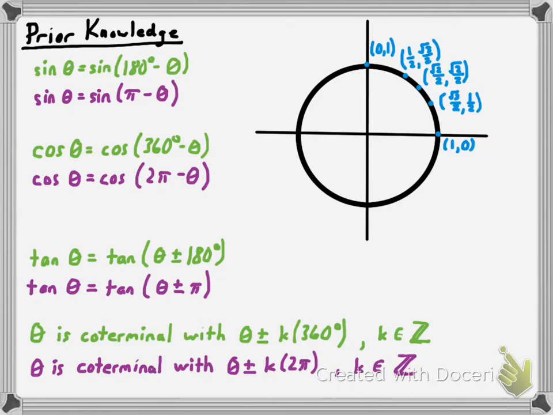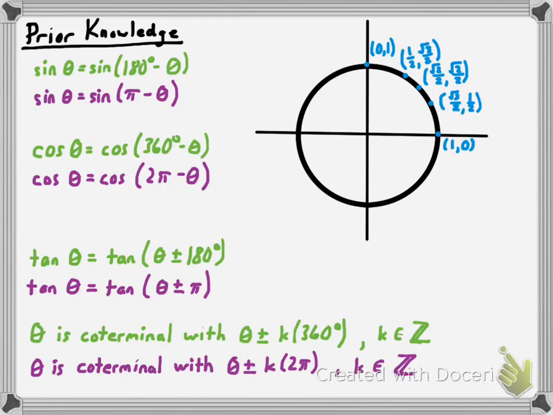In other words, if I take an angle and add 360 degrees or 720 degrees or 1080 degrees, any multiple of 360, as long as that value k is an integer, that gets me an angle that's coterminal with where I started. And in radians, if you add 2 pi or any multiple of 2 pi to an angle theta, it gives you an angle that is coterminal with that original angle theta. Okay, so that's the prior knowledge.